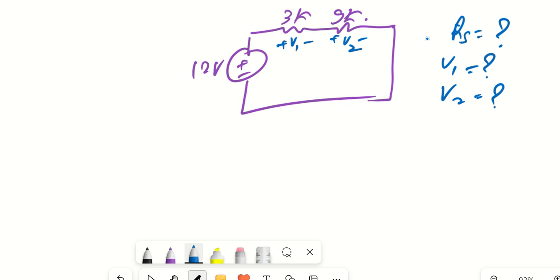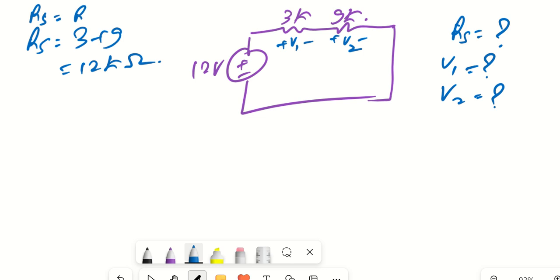Can we do it very quickly? My series resistance is going to be equal to 3 plus 9, that is 12 kilo ohm. Similarly, we can write the formula as R1 plus R2, where R1 is the first and R2 is the second. Now we have Vs equal to 12 volt.